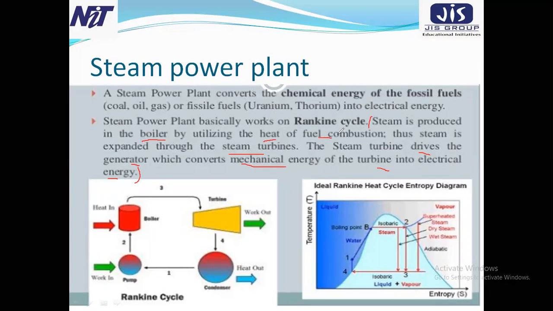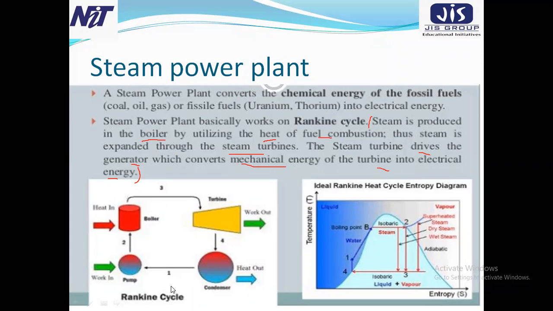That steam goes through the pipe, and that steam gives pressure to the blades of the generator or alternator, and then it starts rotating, and that rotation produces the electric power, a conversion from mechanical energy to electrical energy. So this is the process of producing power for the steam power plant. So here it's the boiler, then the turbine works.